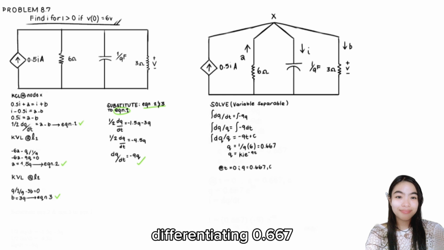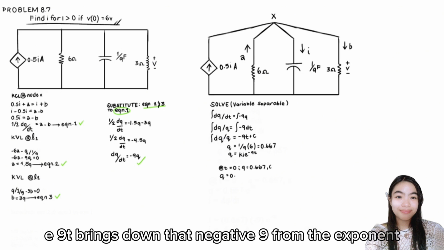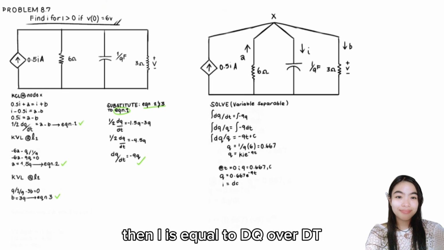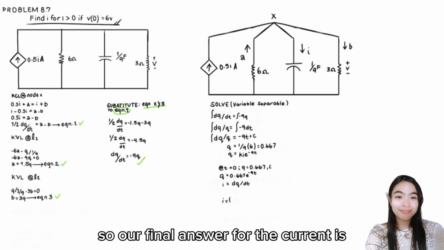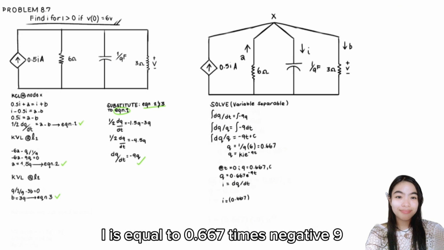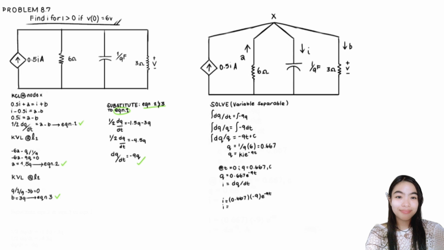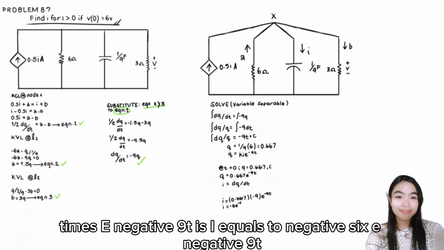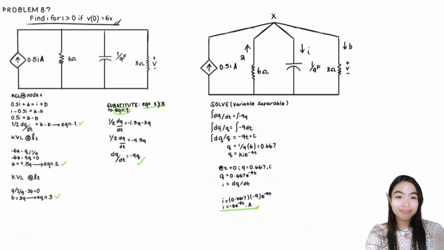Differentiating 0.667 e to the negative 9t brings down that negative 9 from the exponent. Then I is equal to dQ over dt. So our final answer for the current is I equals 0.667 times negative 9 times e to the negative 9t, which is I equals negative 6e to the negative 9t amperes.